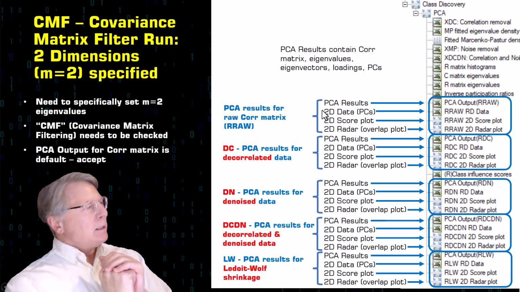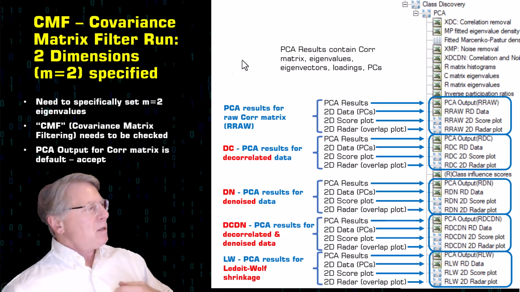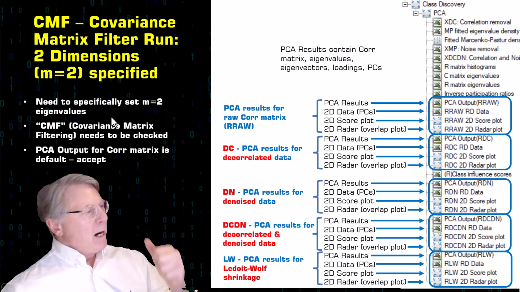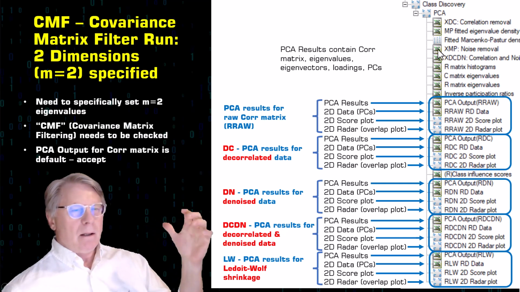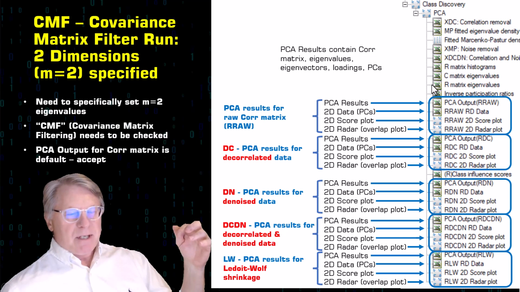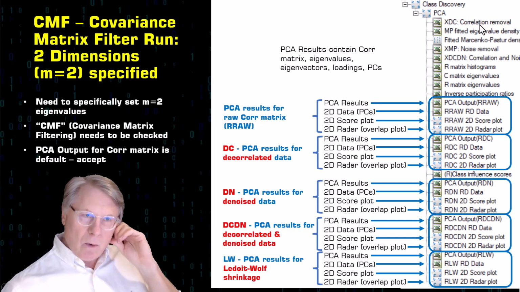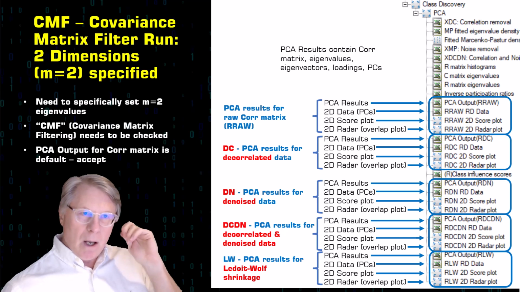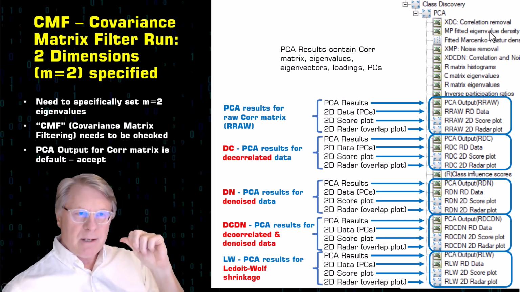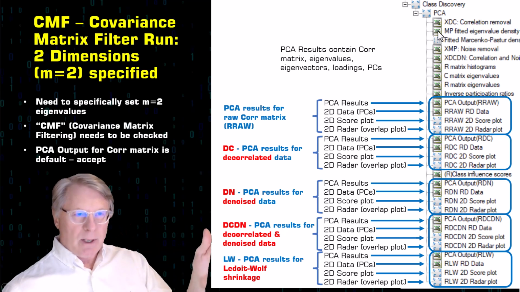And then for a 2-dimensional CMF run, you will get this list of icons here for this particular run. On the top set of icons, you'll see some of the data, correlation removal. You'll see the Marchenko-Pasteur fitted eigenvalue density in a spreadsheet.